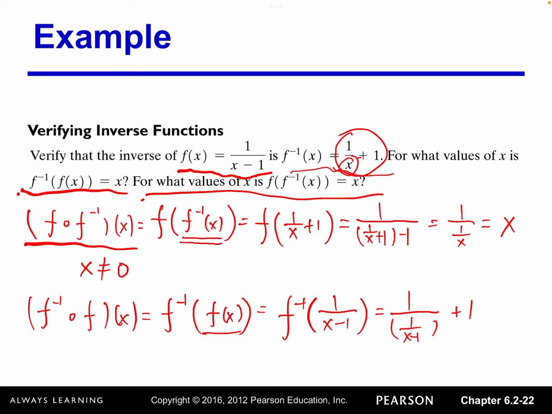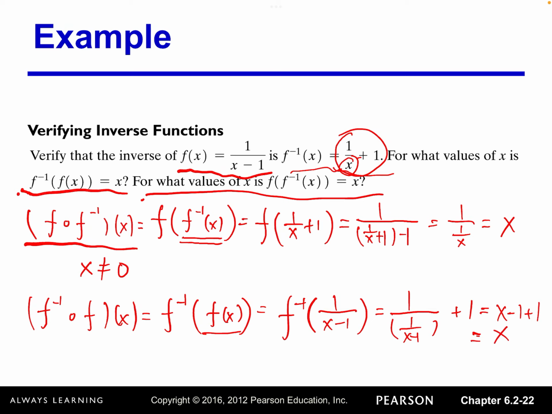Again, 1 divided by a number equals multiplying by its reciprocal, so we got x minus 1 plus 1, and that equals x. So now we have proved that these two functions are inverse functions.